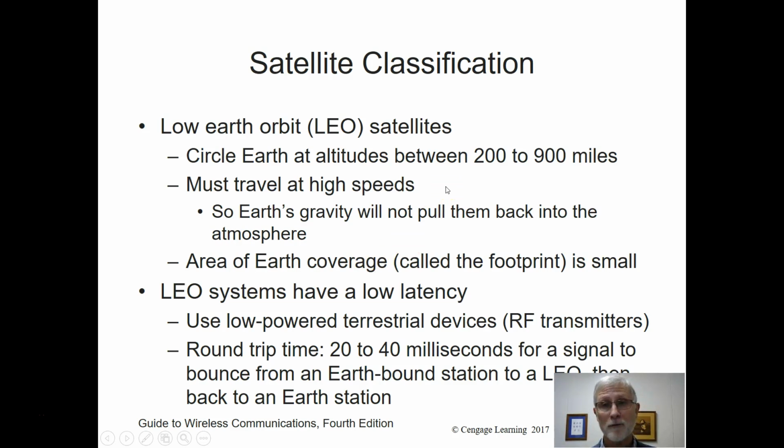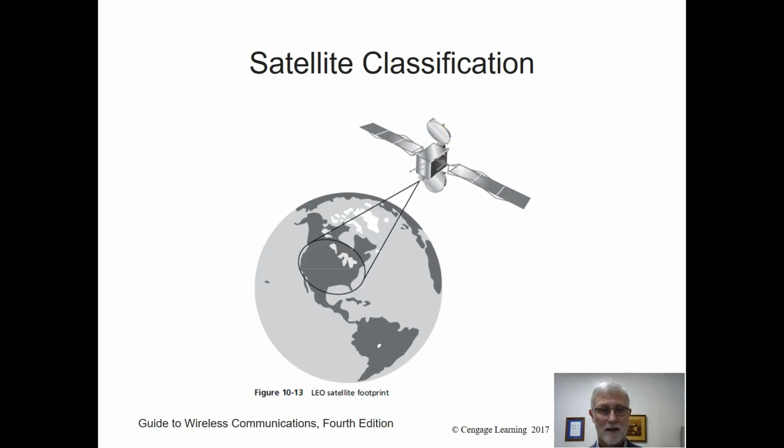Now, the low Earth, altitude between 200 and 900, travel at high speeds so they're not pulled back into the Earth's atmosphere. But being closer, the footprint is relatively small. But the advantage is I've got low latency, so the round trip time between Earth and satellite is 20 to 40 milliseconds. So it's potentially usable for systems.